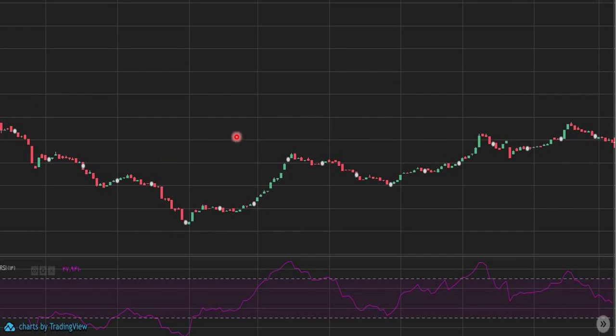Okay, in a downward trend, it's better to get only sell positions, and we can see the 50 line here, so we can get a sell position.